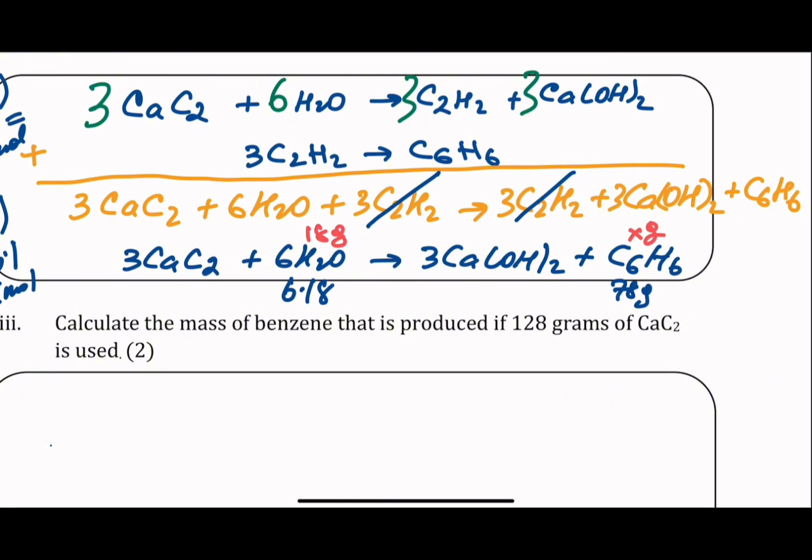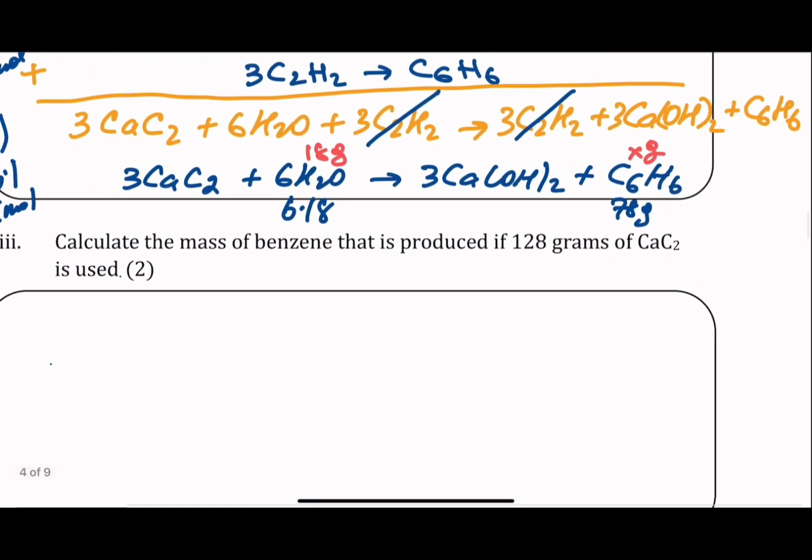Now we just do cross multiplication, and x is going to equal 78 multiplied by 18 divided by 6 times 18. Now, if you cancel out the stuff that we have in common, 18 and 18, you will get the answer, 13 gram of C6H6 will be made.